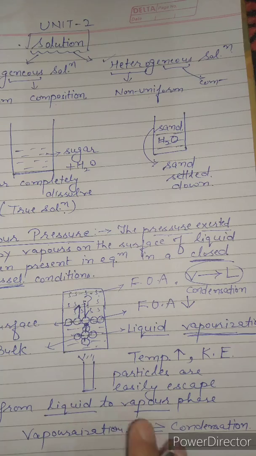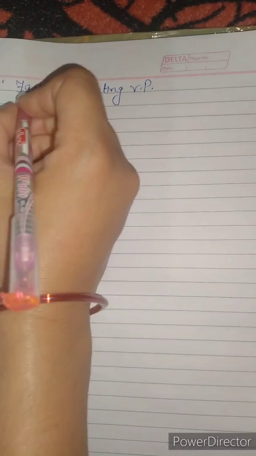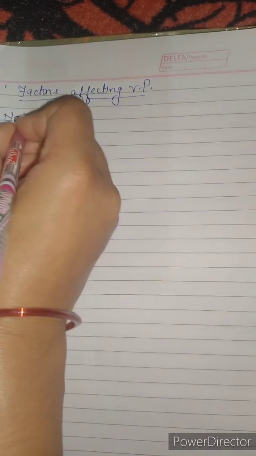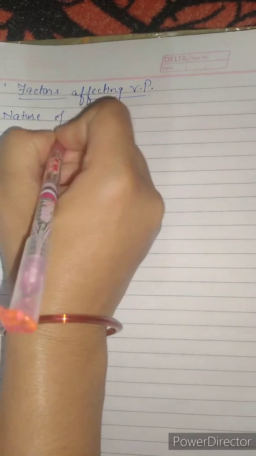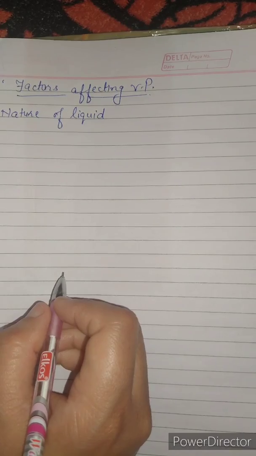Now the topic is clear. The next topic is factors affecting vapor pressure. The first factor is nature of liquid.